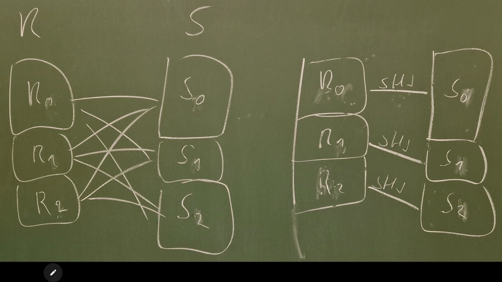So we want to go to a world where I instantiate simple hash join 3 times. So there will be one simple hash join here, one here, one here. And the invariant in partitioning we did before was strict equality.